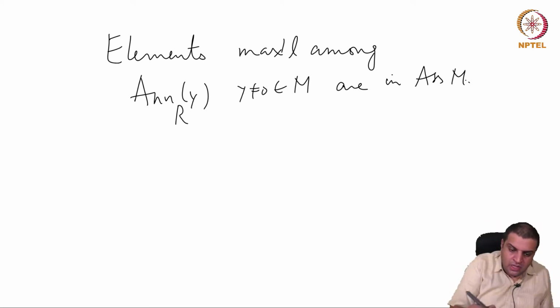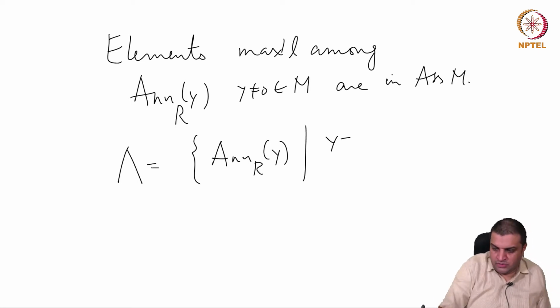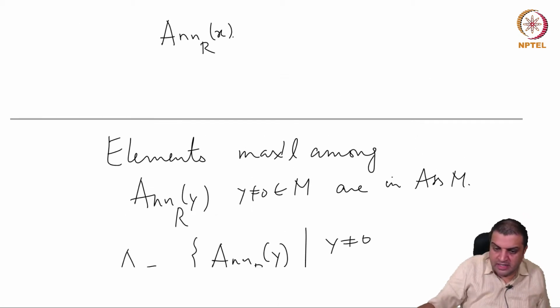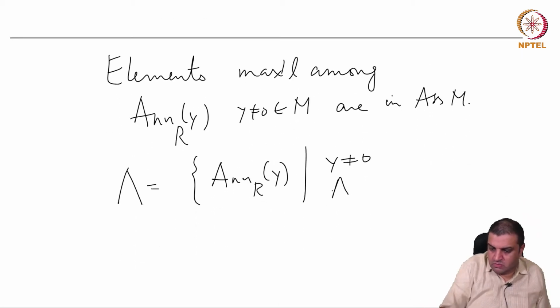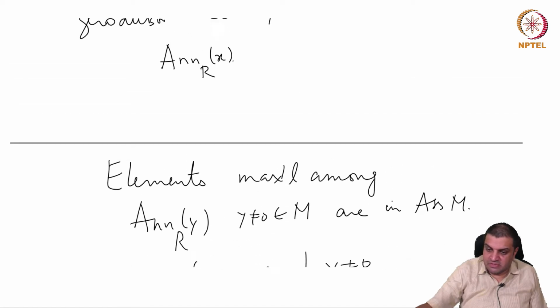Okay. So now consider, let lambda be the set of all things of this form: annihilators of y, where y is non-zero, and which contain this ideal. This is non-empty because the annihilator of x itself is inside here.